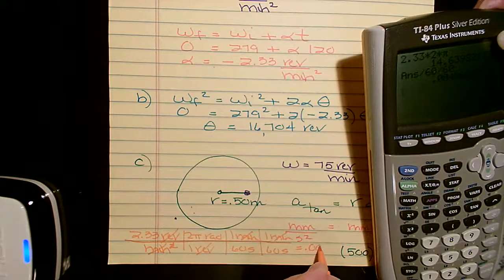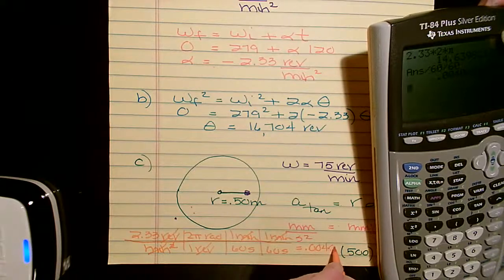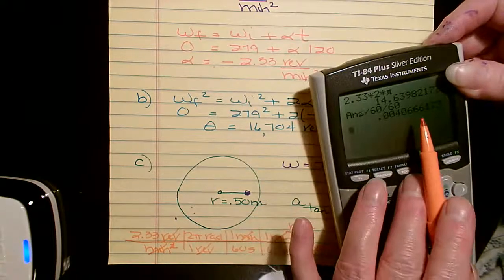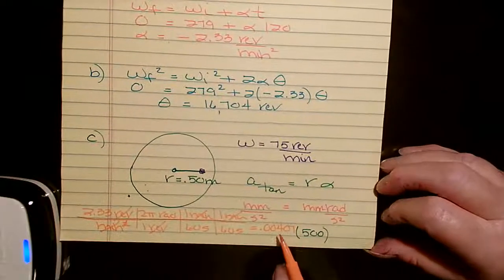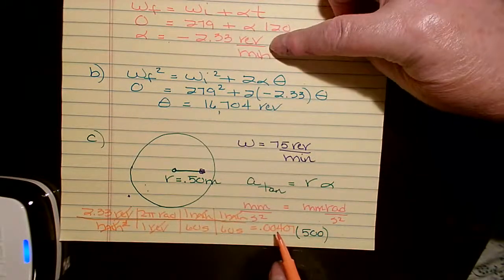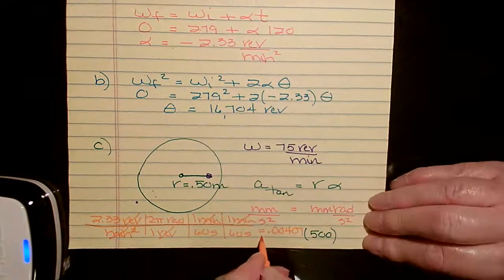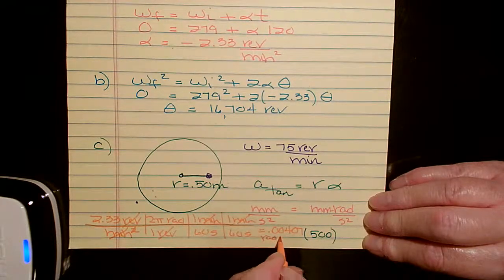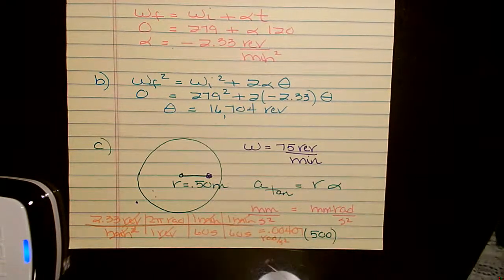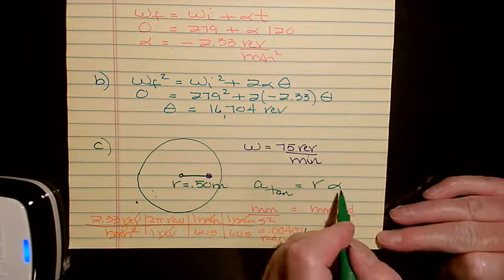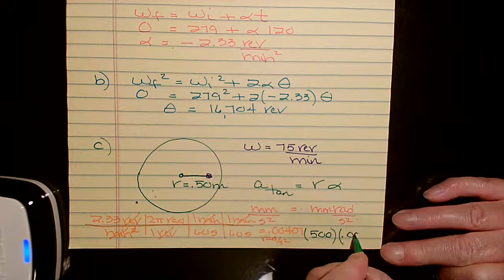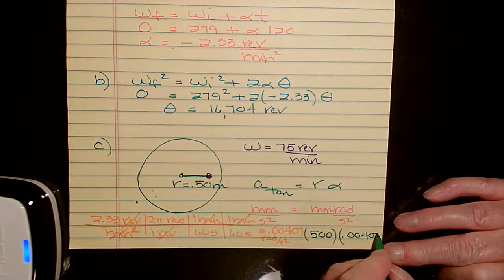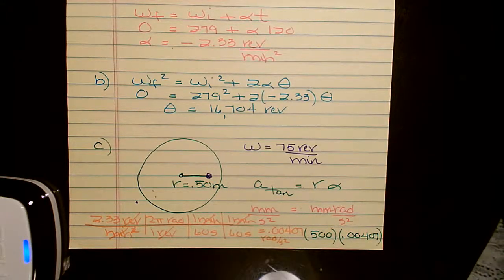So 0.0040, and it's 4066, so I'll say 7. All right, that number is the angular acceleration in radians per second squared. That's what I need to plug in right here. So I'm going to take that number, 0.00407. I'm kind of running out of space here.